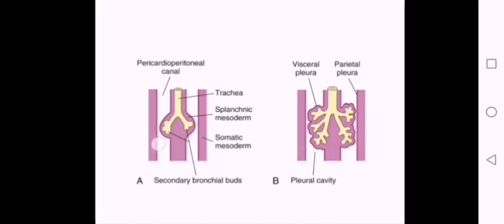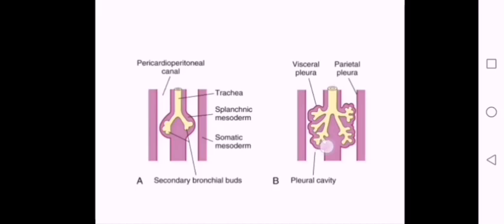This is the splanchnic mesoderm, which the lung buds invade, and it will form the connective tissue, blood vessels, and so on, of the lung. The lung buds will invade the primordial pleural cavity, so they will have a visceral layer of pleura derived from the splanchnic mesenchyme.